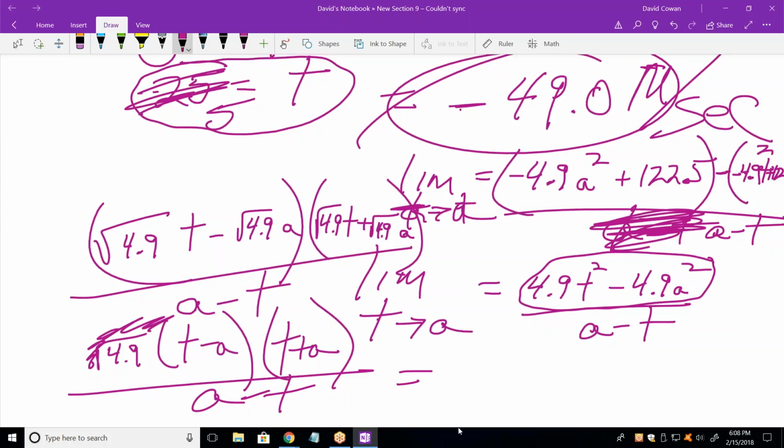Well, t minus a and a minus t cancel to that. Okay. So it looks like I have minus 4.9 times t plus a. And that's very close to our minus 5 meters per second.